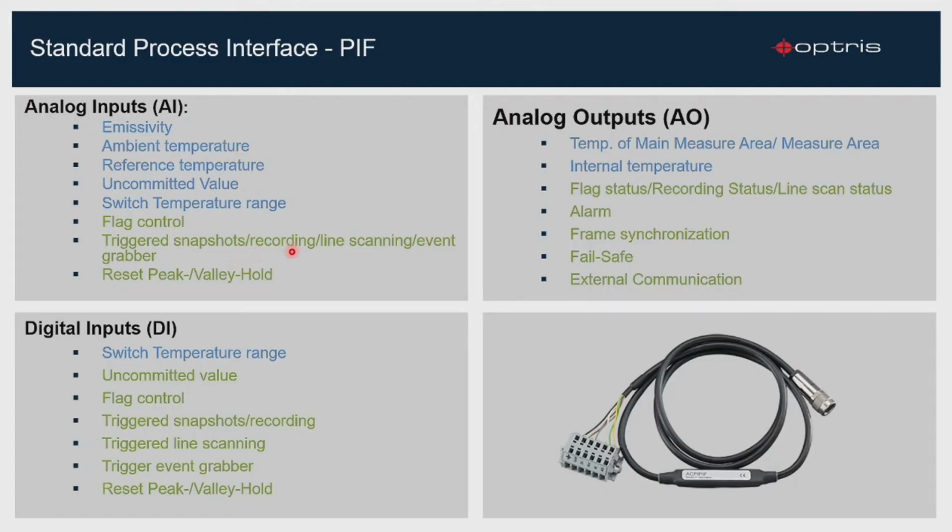Most of the analog input signals you can also use as digital input signals with a low and a high level signal. The analog output channel you can use for temperature information, and you can also use it for signal processing, for example to forward the alarm recognition.